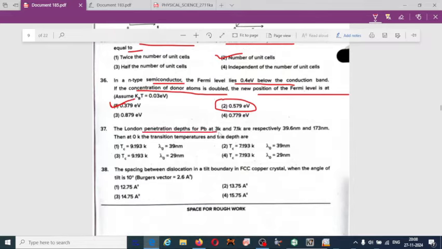London penetration depth for lead at 3 K and 7.1 K respectively is 39.6 nanometer and 173 nanometer. Then at 0 Kelvin, find the transition temperature and depth.